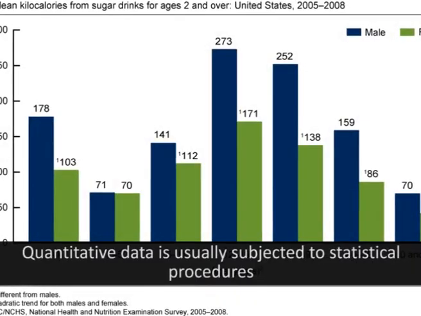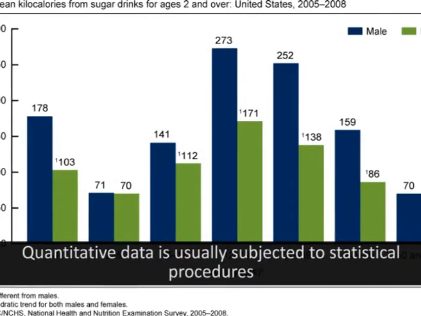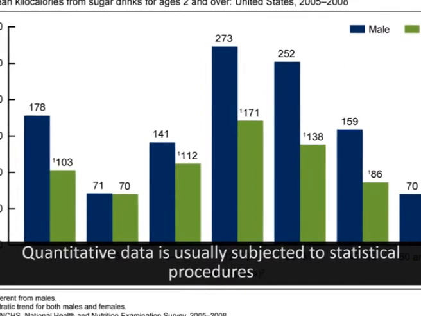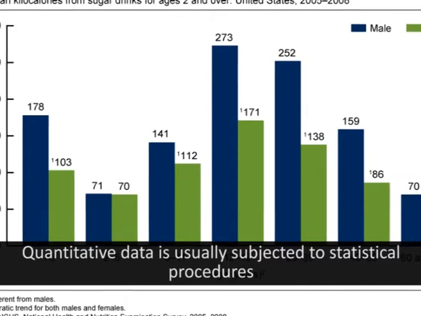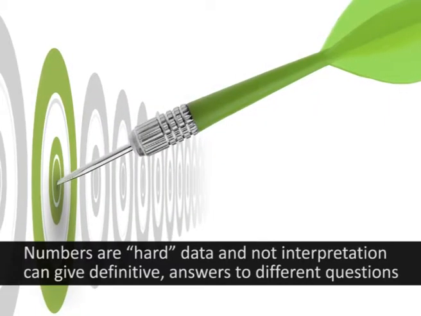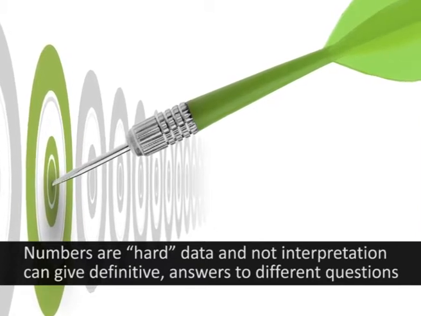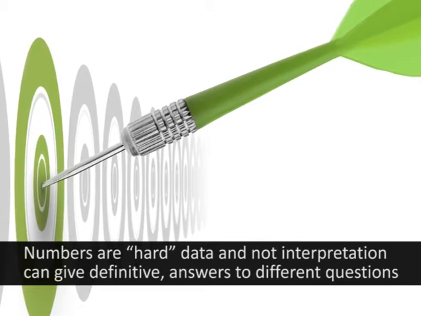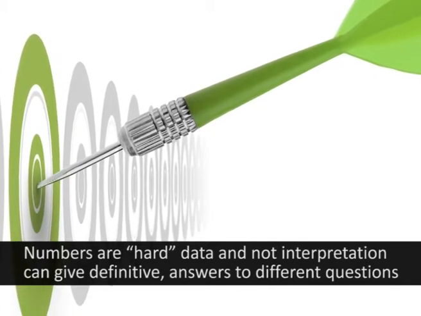Quantitative data is usually subjected to statistical procedures, such as calculating the mean or average number of times an event or behavior occurs, per day, month, year. These operations, because numbers are hard data and not interpretation, can give definitive or nearly definitive answers to different questions.